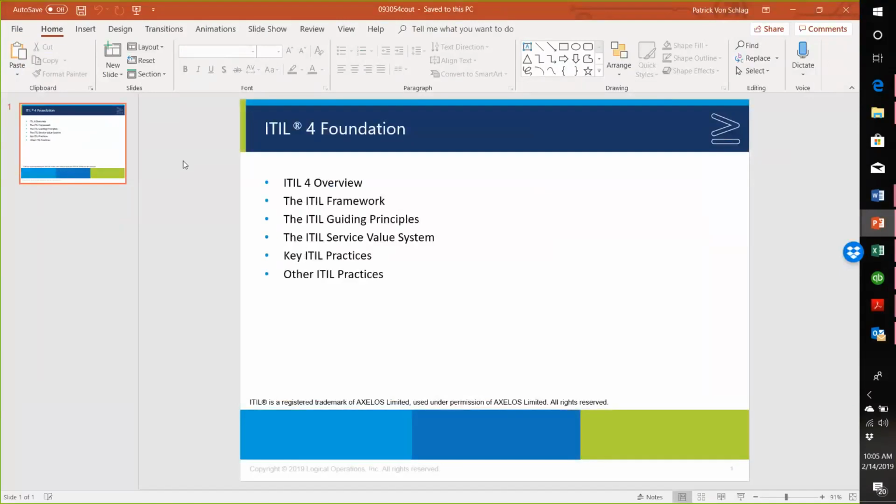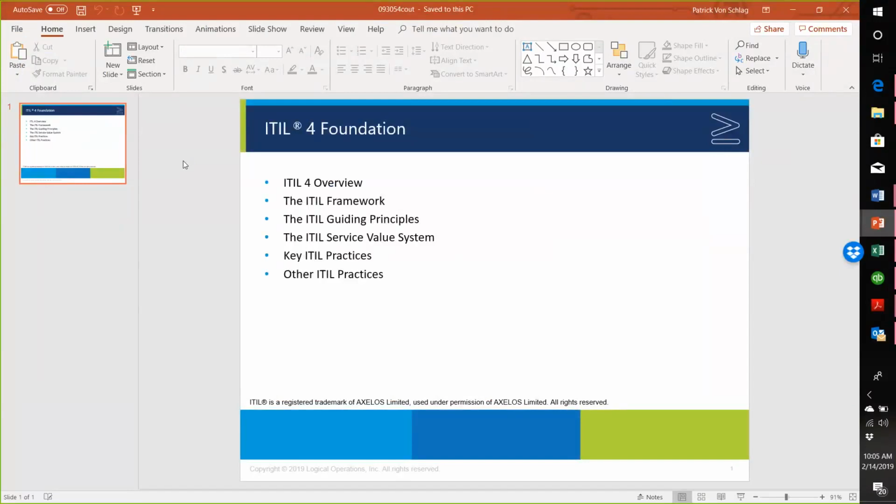So real quickly, just as a high-level walkthrough, the courseware is laid out in 6 main chapters. There's an overview section, and the overview section talks about the big picture: what is ITIL, where did it come from, all those relevant things, and a little bit about the differences in ITIL 4.